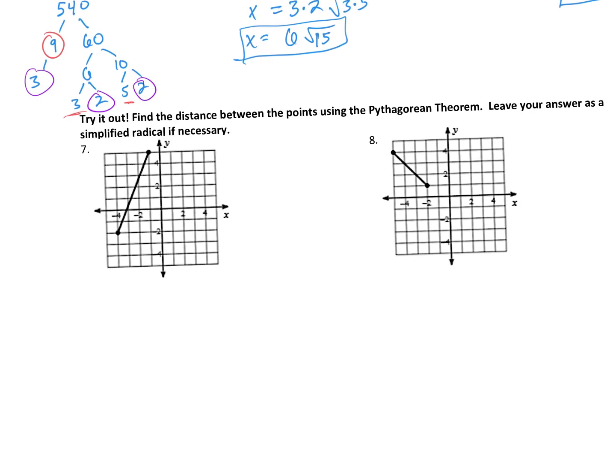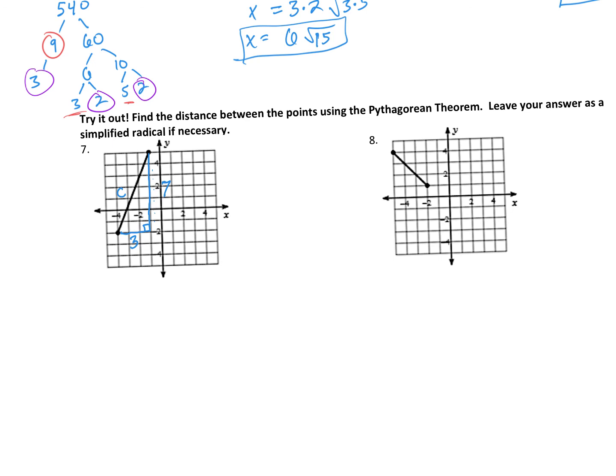Here, last thing, we can use this if we just have 2 points. If we have 2 points, we can draw a right triangle like so, and we can use the Pythagorean theorem to find this distance, which I'm going to call C. This is 3 units, and this is 1, 2, 3, 4, 5, 6, 7.